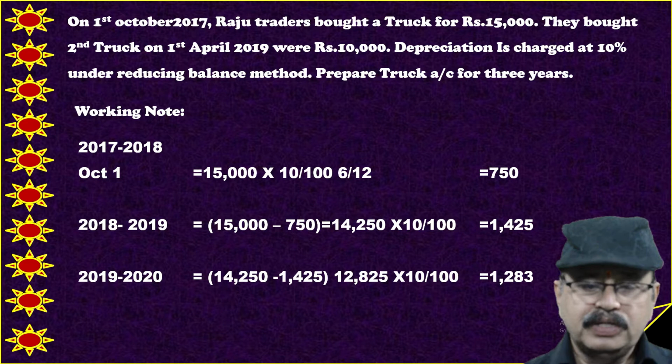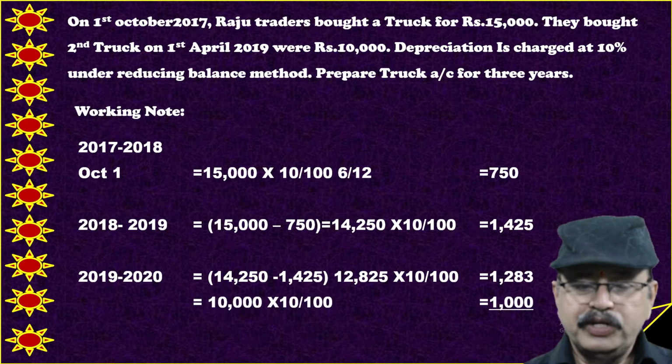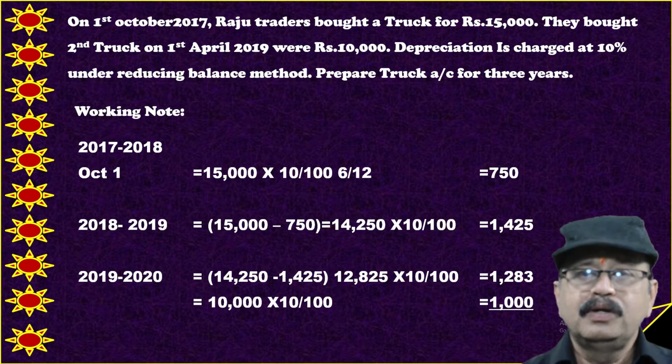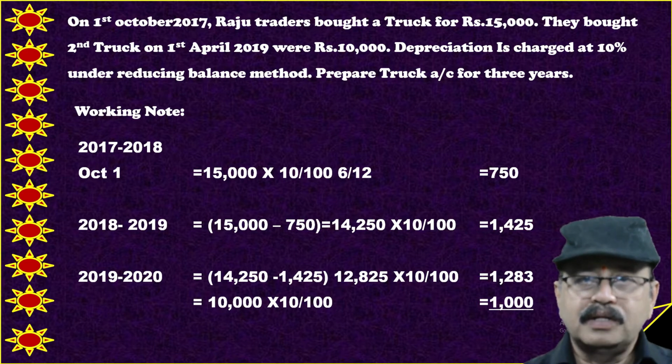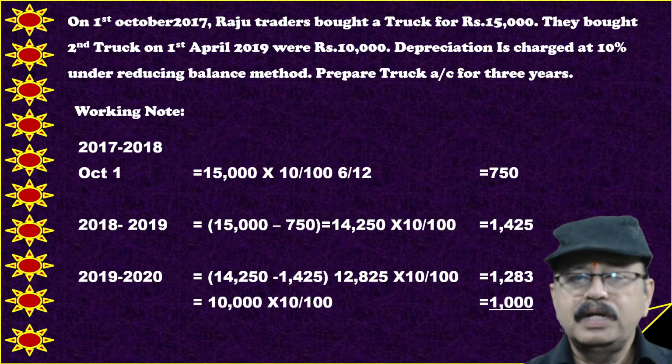You can see on the screen, 10,000 into 10 by 100 equals 1,000. From April 1st to March 31st it is going to work, so it is 12 months, 1 year, and directly we can take 10% depreciation on the second truck.